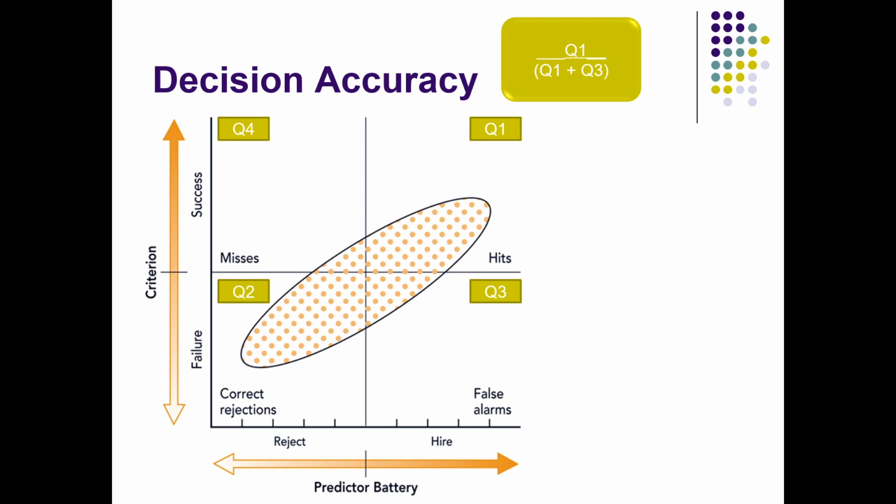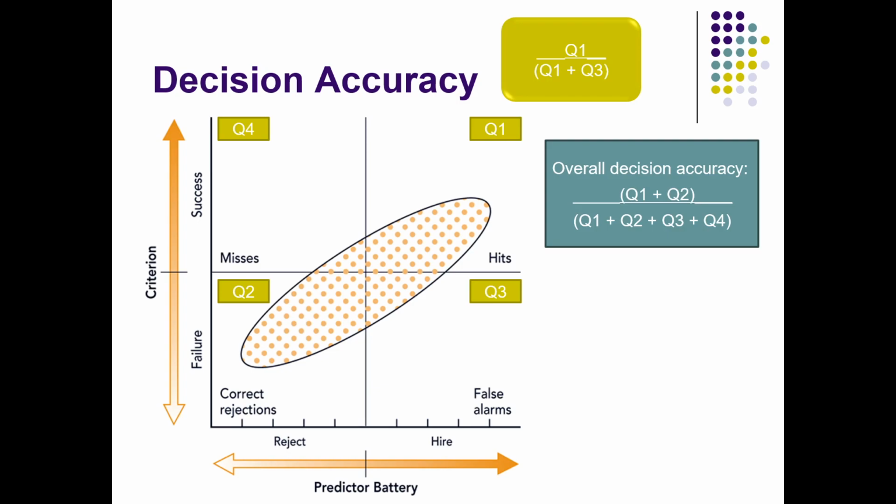So what we want to do for decision accuracy is figure out what portion of quadrant 1 divided by quadrant 1 plus quadrant 3, right? What proportion of those people that we hired are really just quadrant 1 people. So that'll help us to narrow down our selection battery if we can figure out which of our hires were hits, were successful hires, people we should have hired.